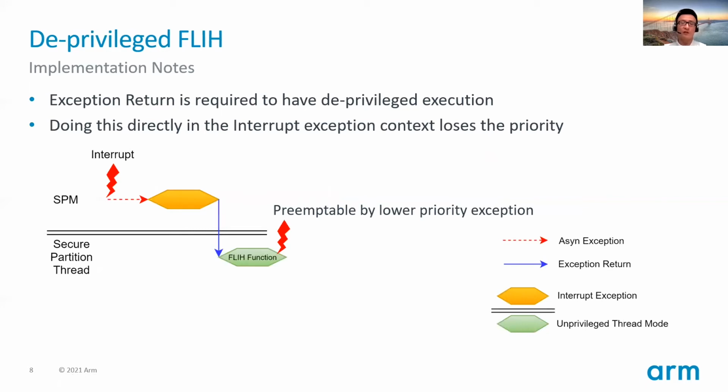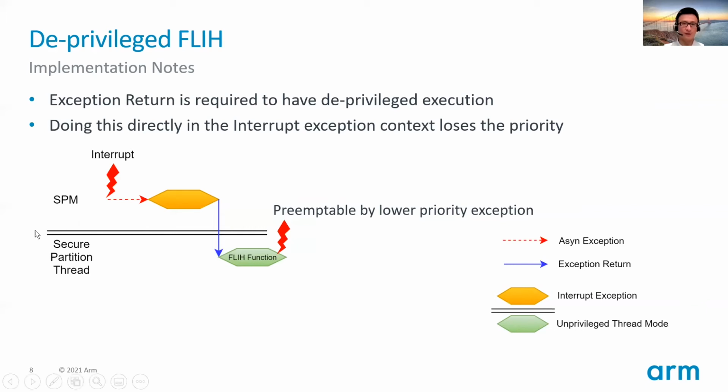But the deprivileged FLIH is more complex. As I mentioned, the handler mode always has privileged execution. So to have a deprivileged execution for the FLIH function, an exception return to unprivileged thread mode is required.